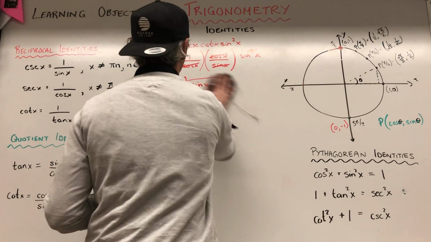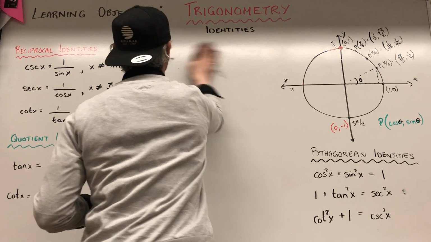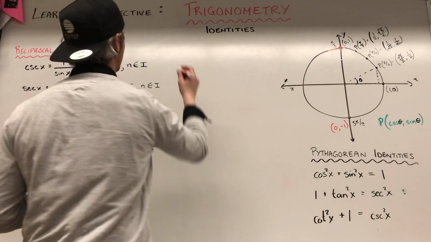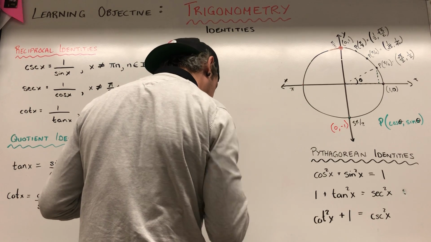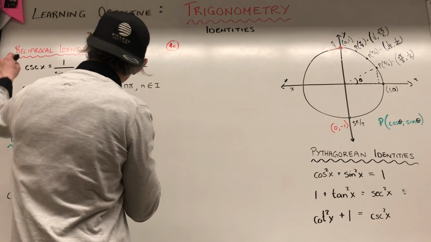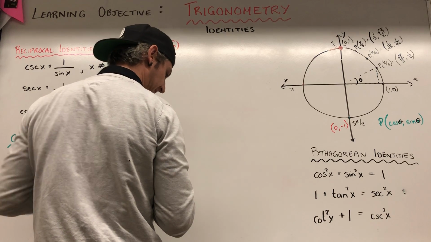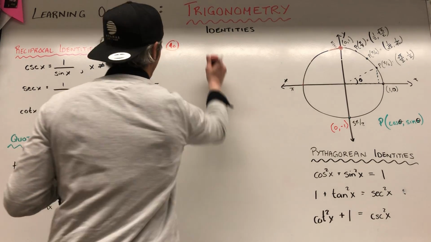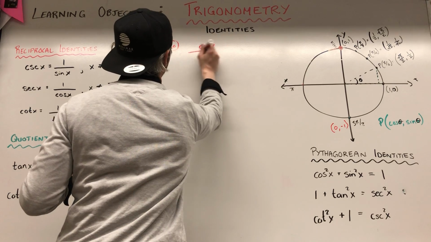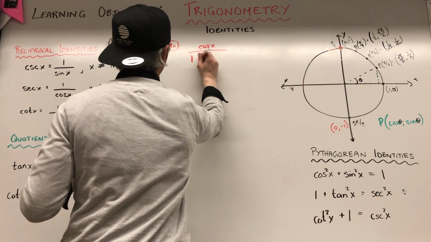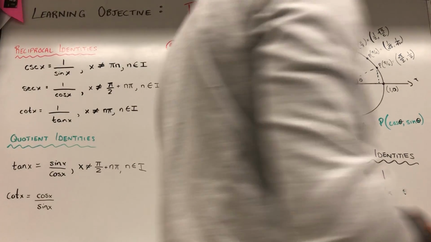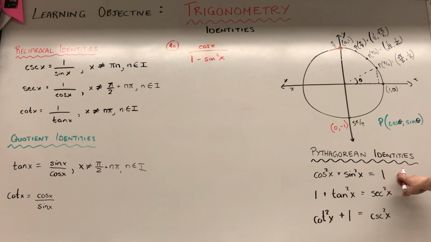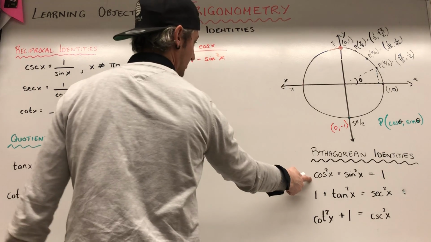Let's do another one. This is number 4C. They're saying simplify and then rewrite each expression as one of the 3 reciprocals, so they want the answer to be either cosecant, secant, or cotangent. We're simplifying cos of x over 1 minus sine squared of x. And 1 minus sine squared of x is the same as cos squared of x, from this identity.